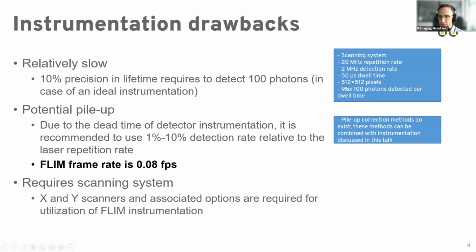And you want to have a resolution of 512 square and targeting the 10% lifetime precision, you end up with a FLIM frame rate of 0.08 frames per second. I also want to emphasize the third part, which is the requirement for systems. And we are going to touch upon that topic a bit later in the talk.